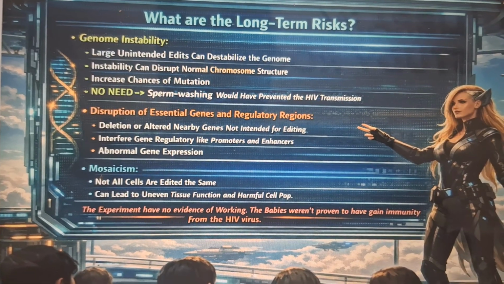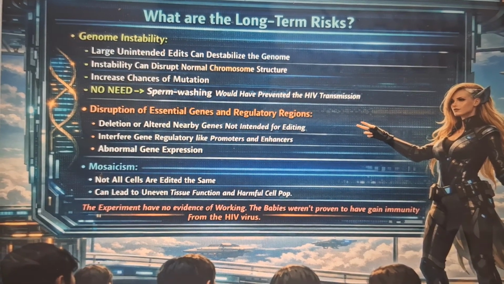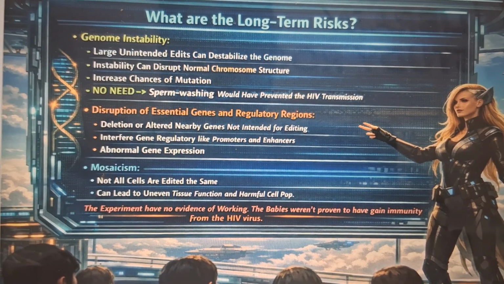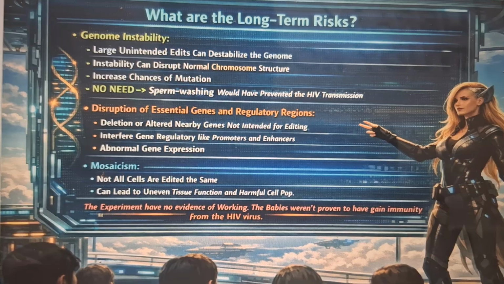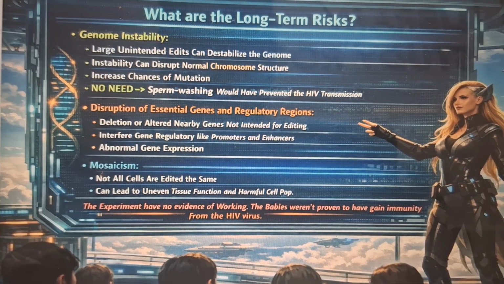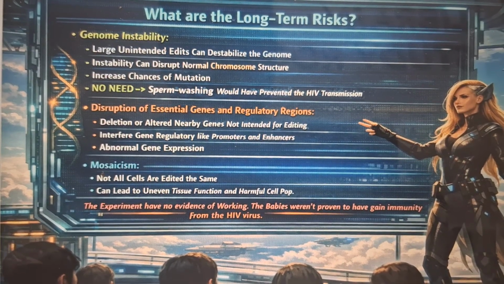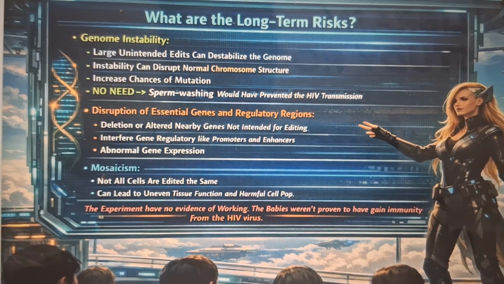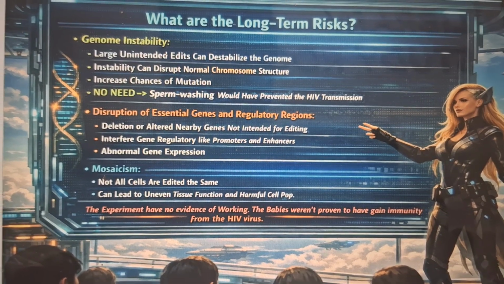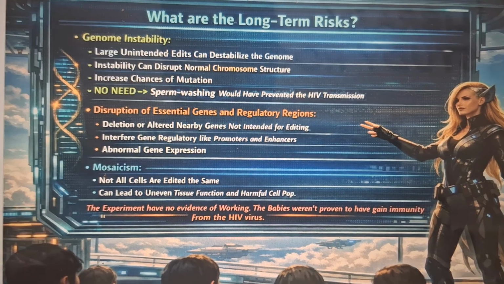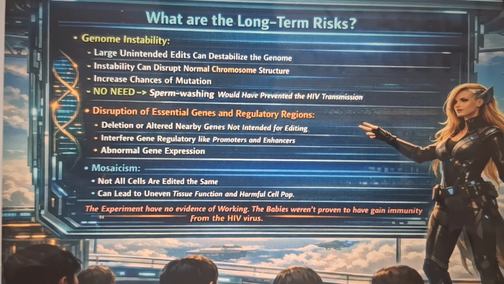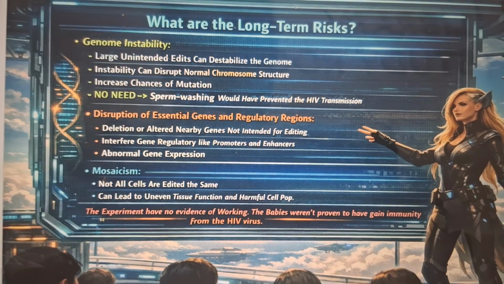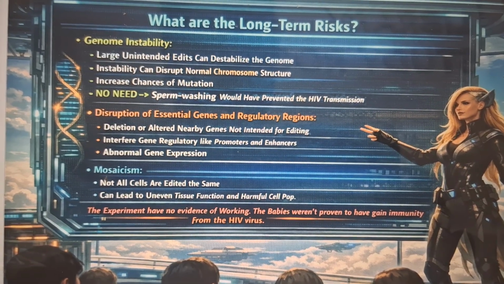Another long-term risk is the disruption of essential genes in regulatory regions, which are deleted or altered nearby genes not intended for editing, and it also interferes with gene regulation like promoters and enhancers, and also includes abnormal gene expression. Another long-term risk is also mosaicism, which includes not all cells being edited the same, which then can lead to uneven tissue function and harmful cell populations.